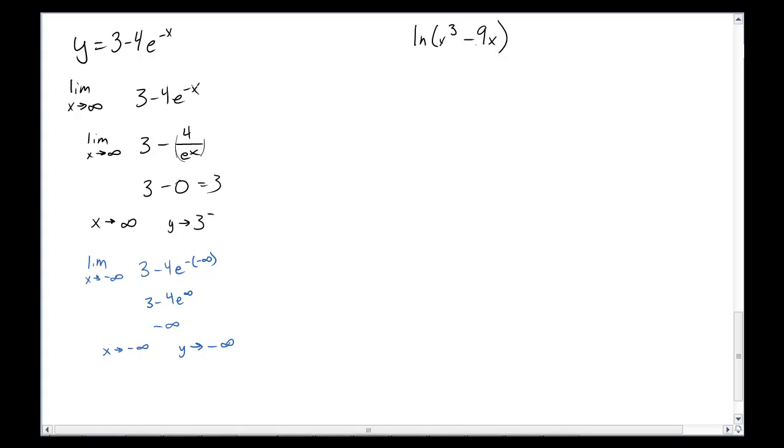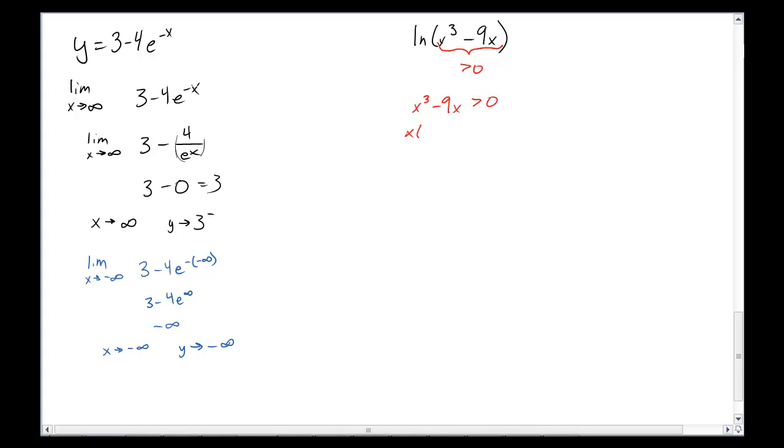Natural log of x to the third minus 9x. Well, what I recognize here is that this has to be greater than 0, right? You can't take the natural log of 0 or anything less. So first I need to consider that x to the third minus 9x needs to be greater than 0.